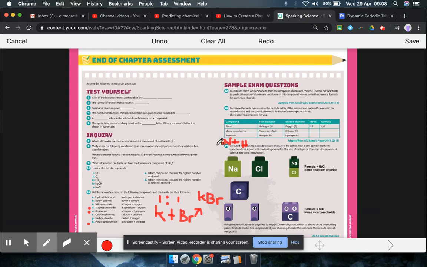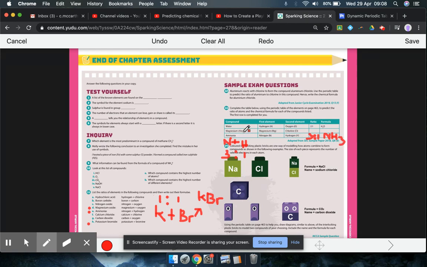So therefore nitrogen had a valency of 3, and hydrogen had a valency of 1. So we worked it out there that the ratio is 3 is to 1. Okay, and therefore the formula was NH3. Okay, so actually they're quite simple, really. You just need to understand the process here.